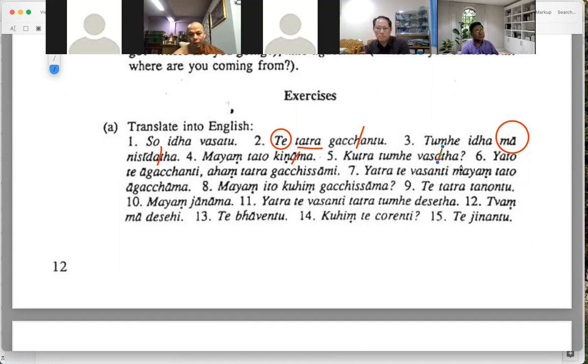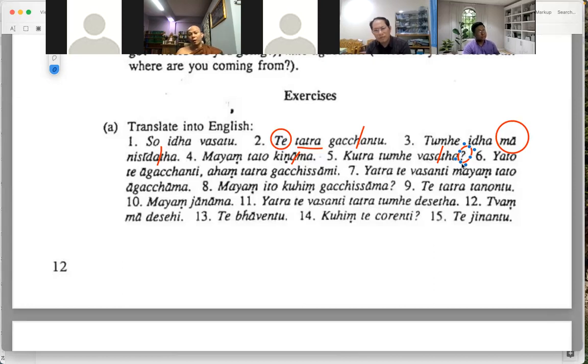At the end of a sentence we see a question mark, but even without it we can know this is a question because of this interrogative adverb. So: where may you live? Or as present tense, where do you live? Where do you stay?